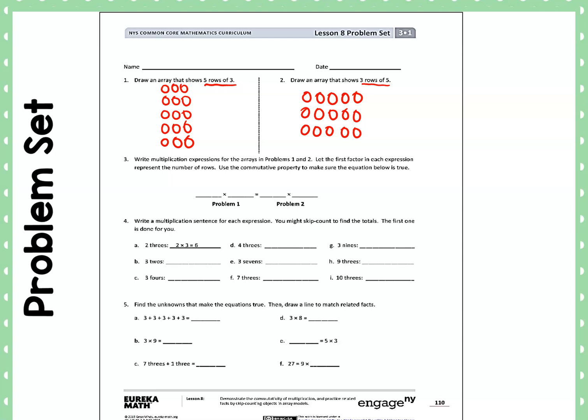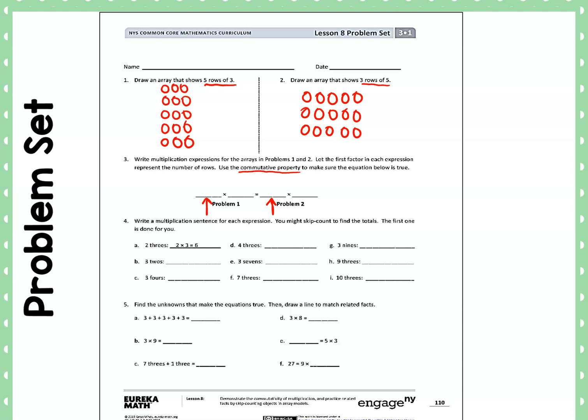Okay, number 3 says write multiplication expressions for the arrays in problem 1 and 2. Let the first factor in each expression, so that's here and here, represent the number of rows. Use the commutative property to make sure the equation below is true.